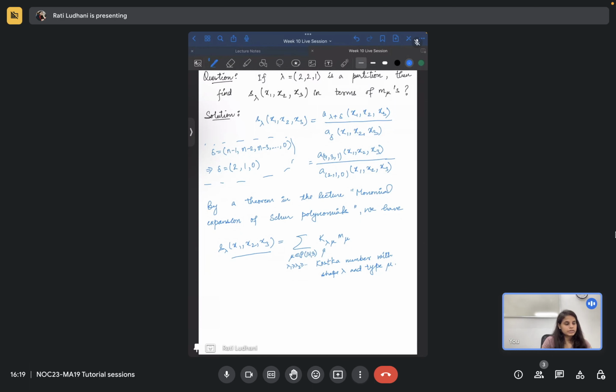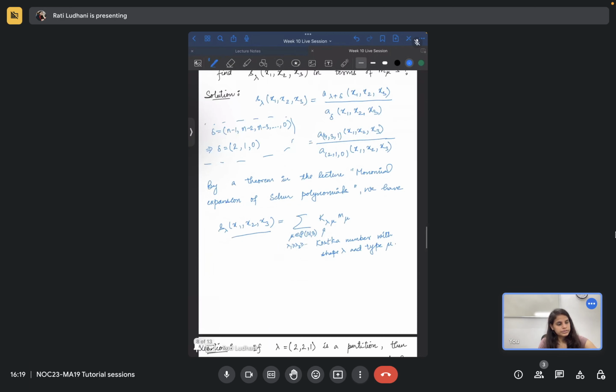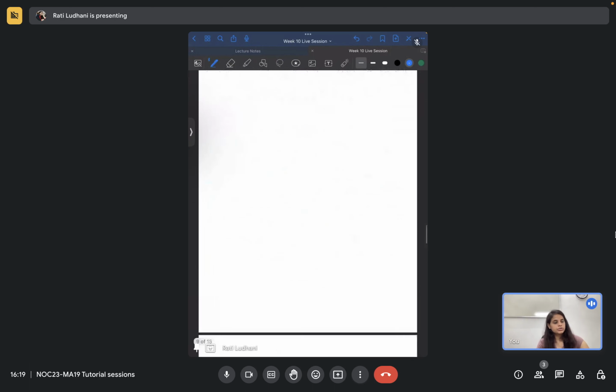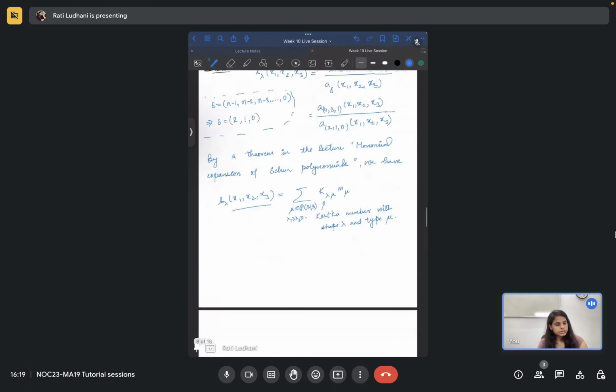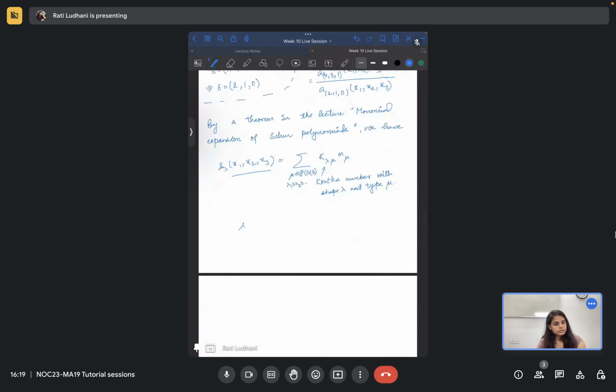Okay, let's try that. I'll use this formula: s lambda (x1, x2, x3) is the summation over mu, partition of the cardinality of lambda. Now what is lambda in our case? This is (2, 1).